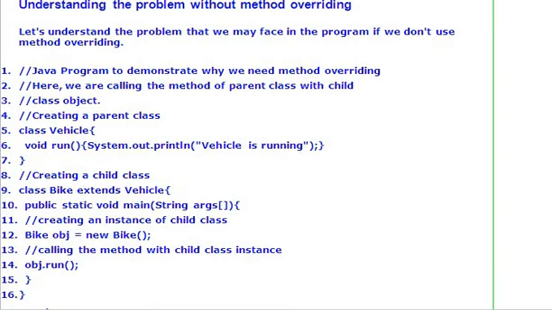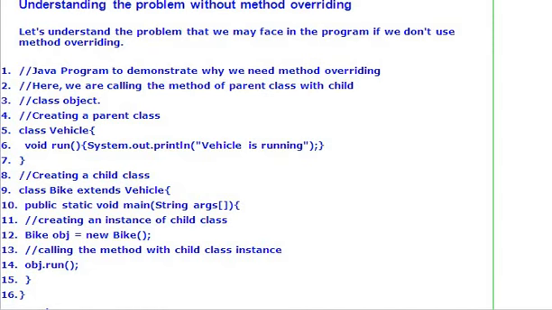We'll see a simple problem here. Look at line number 5: the class name is Vehicle. Line number 6, we have the method run. Look at line number 9: from Vehicle, Bike is created. And at line number 12, the Bike object obj is created, and obj.run.